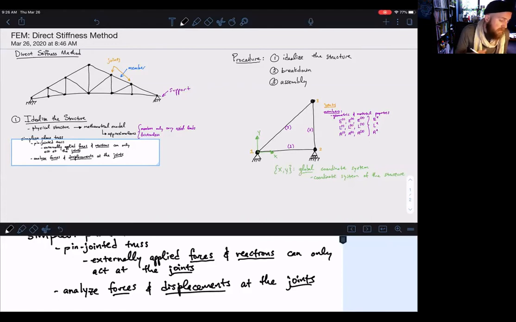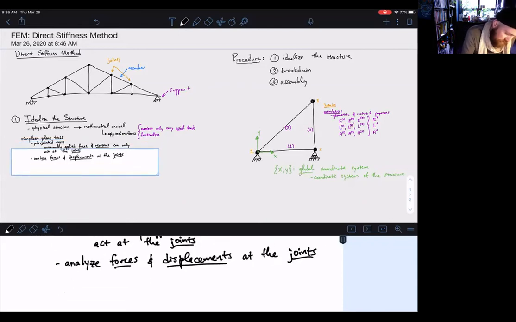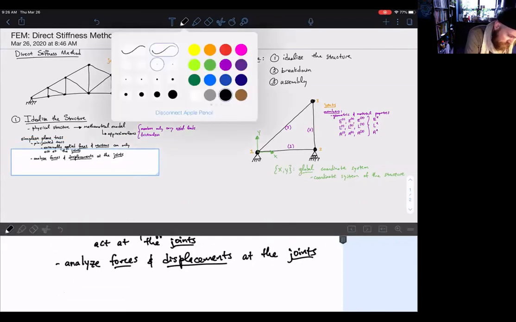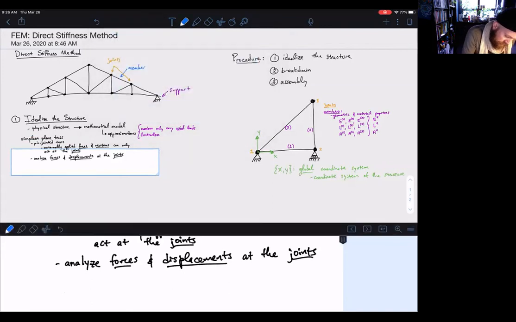So we're going to need the axial components of these forces at each joint.